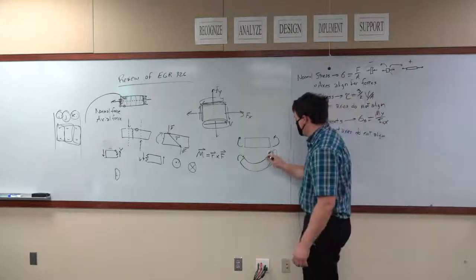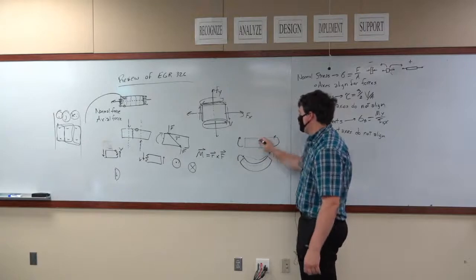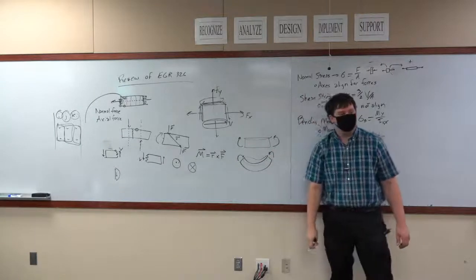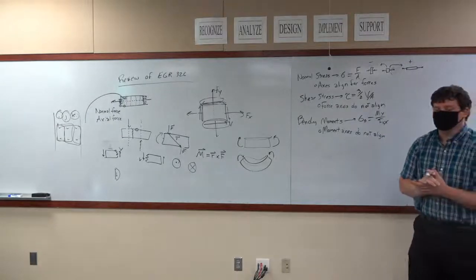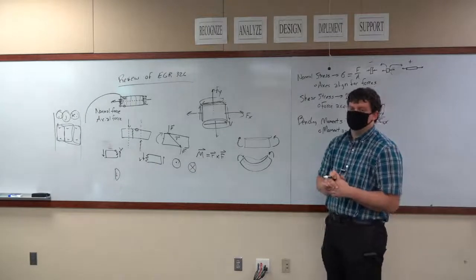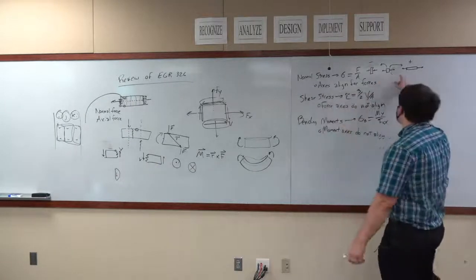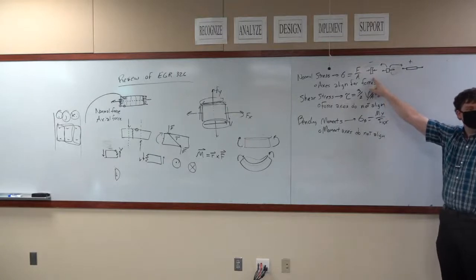This line here is shorter than this line right here. Is that going to be in tension or compression? If a line gets shorter, is that tension or compression? That's compression.